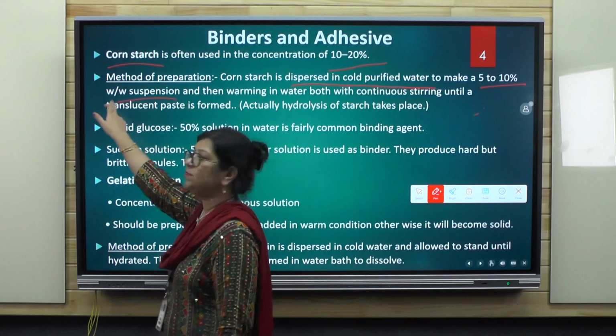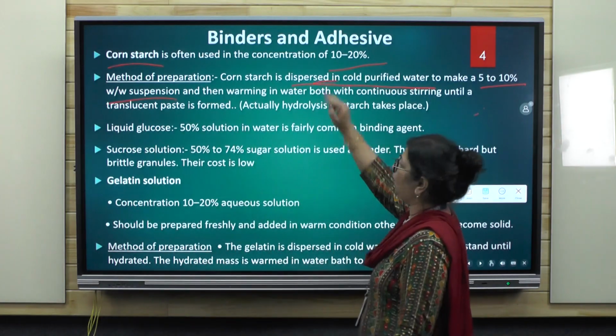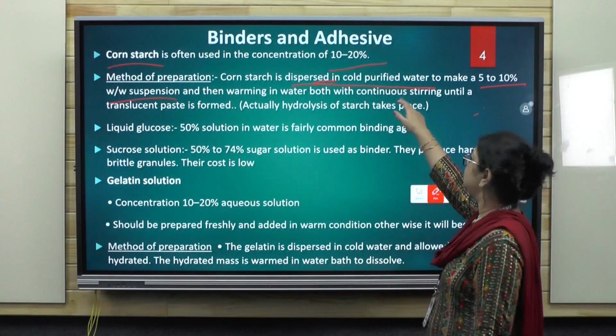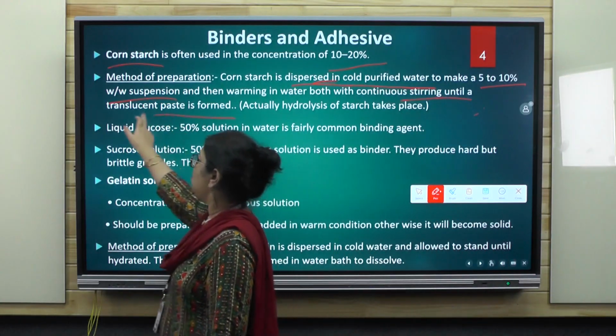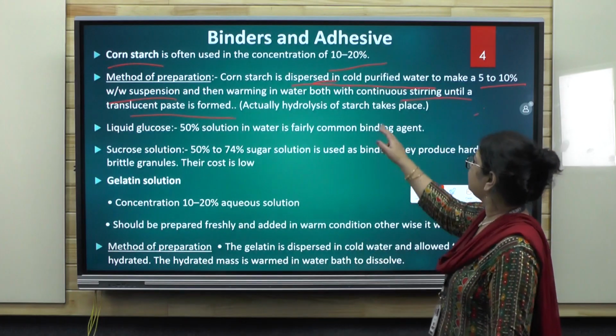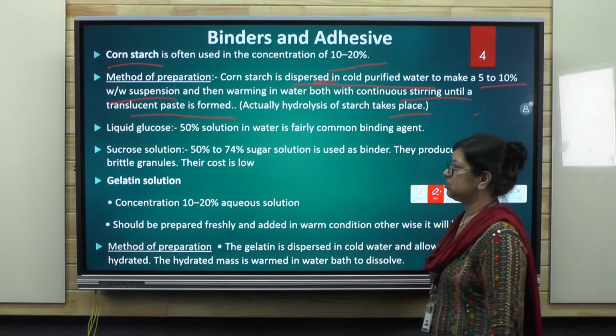Because it is not soluble in water, it is a suspension, it is dispersed in cold water, and then warmed in water, both with continuous stirring, until a translucent paste is formed. And in this process, hydrolysis of the starch takes place.